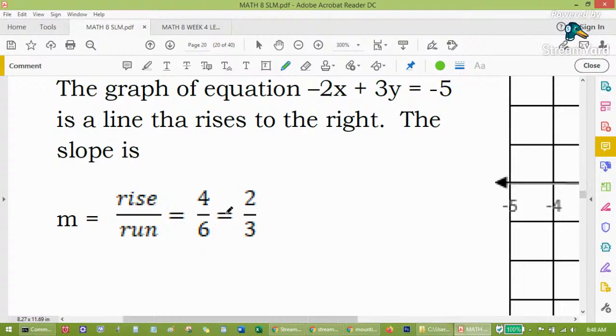So, pag sinimplify natin yan, 4 over 6 ay naging 2 over 3. Bakit kaya? Because the greatest common factor of 4 and 6 is 2. So, i-divide natin ng 2 over 2.